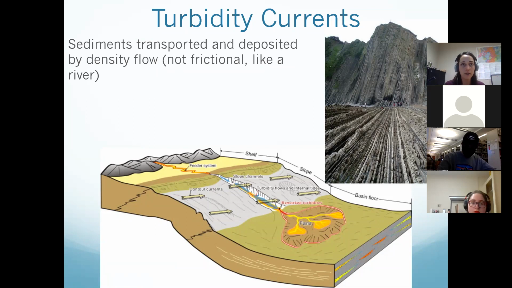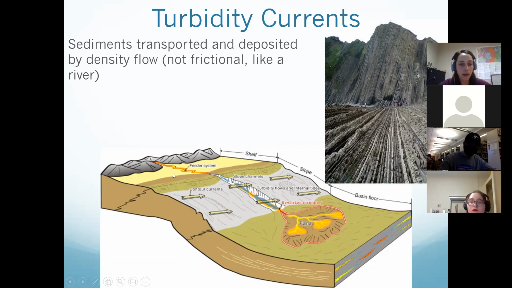So if you guys ever built sand castles at the beach or sand castles anywhere else, or like mud pies, you'll know that you can only get them a certain height before they fall over, right? So the same sort of thing is happening with turbidity currents. This river, can you guys see my mouse? Maybe not. Okay, yeah.